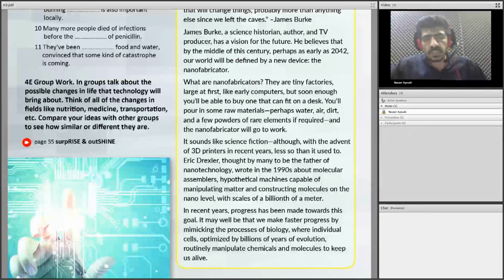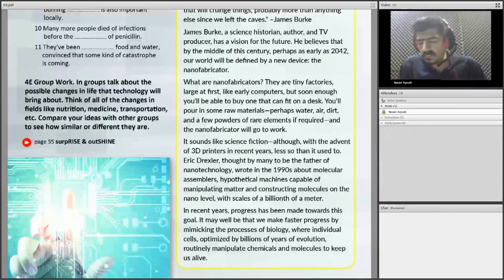So, in recent years, progress has been made toward this goal. We are getting closer to this goal.